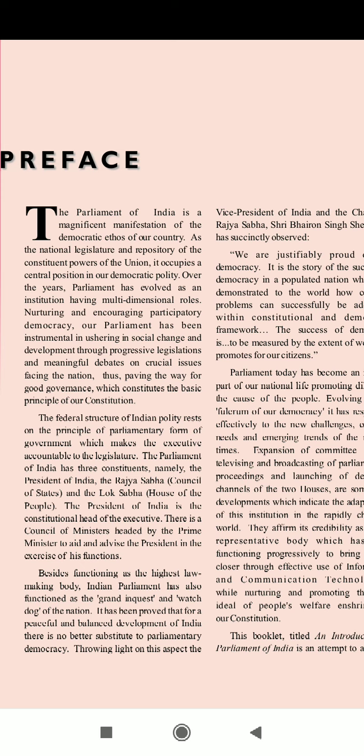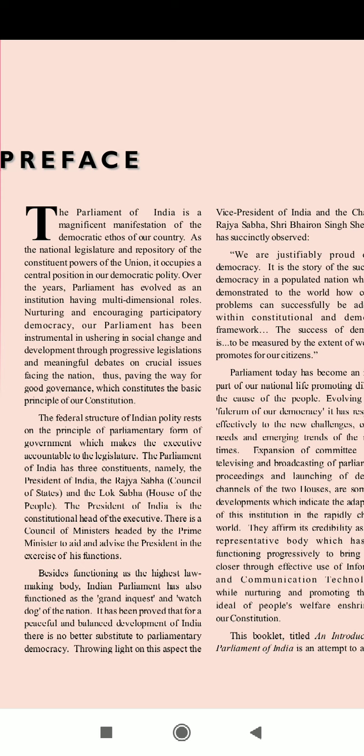So, as I told, there are three constituents in our Parliament of India. The first is the President of India, who occupies the topmost position in our Union executive, and he is known as the constitutional head of our executive. Then we have got Rajya Sabha, which is known as the Council of States, and coming to next the Lok Sabha, which is known as House of People.